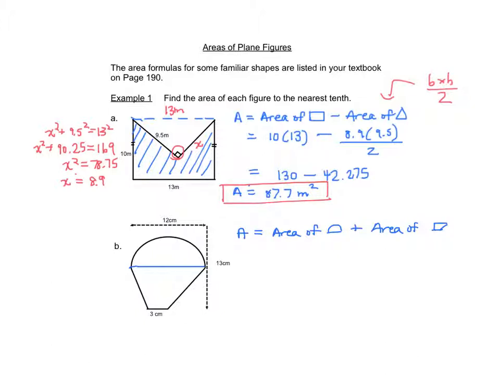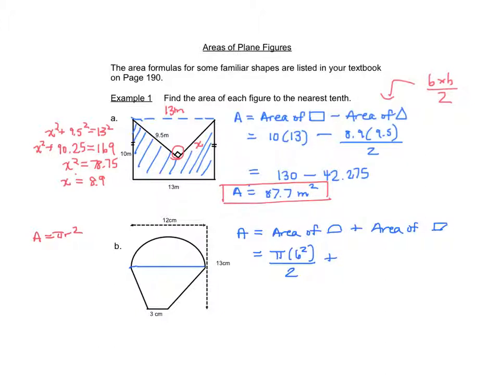The area of a full circle is given by the formula A equals pi r squared. So in the case of this example, the radius is 6. So if this were a full circle, the area would be given by pi times 6 squared. Since this is a semicircle, we're just going to divide that by 2.